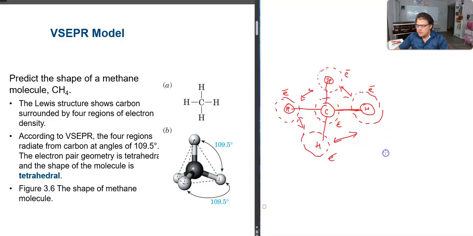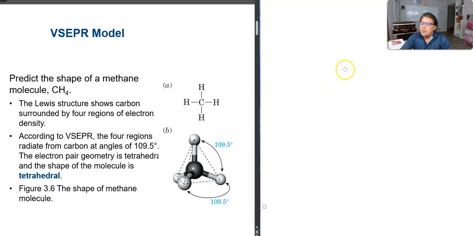So this is the VSEPR theory. And they will live like that. Look at that. This is the tetrahedral structure. According to the VSEPR theory, the 4 regions radiate from carbon at an angle of 109.5 degrees. So here is the carbon and here is one hydrogen, and then they will live like that.